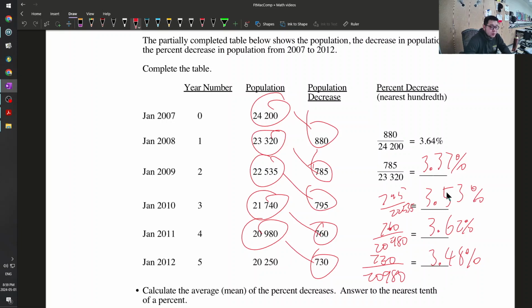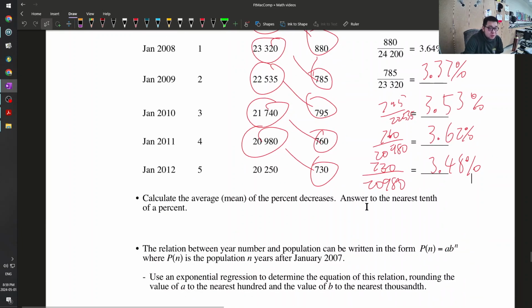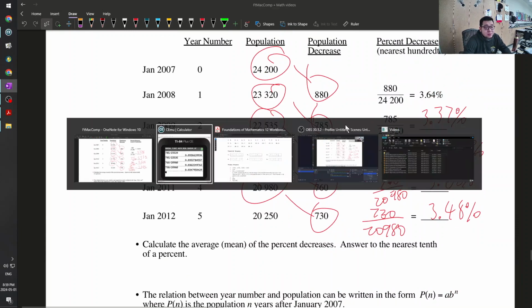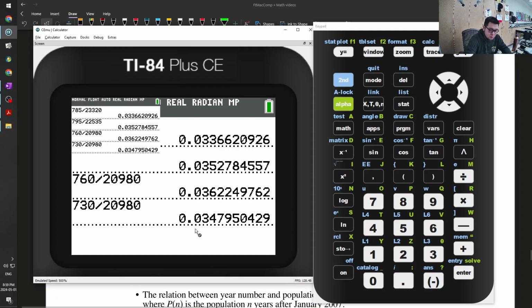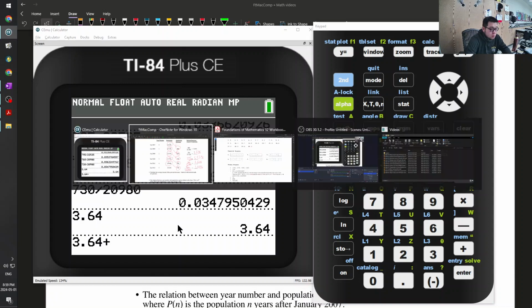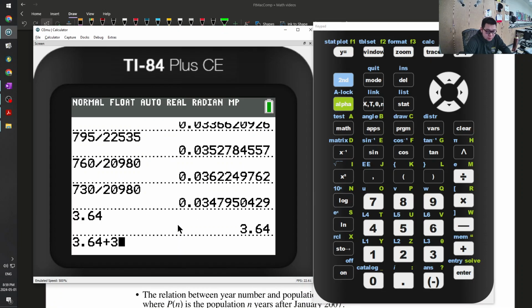Calculate the average of the percent decreases, round to the nearest tenth of a percent. So we're gonna add all these up.